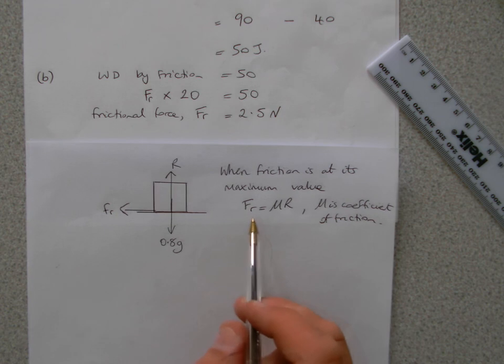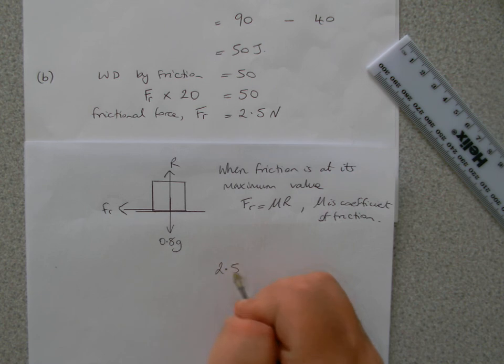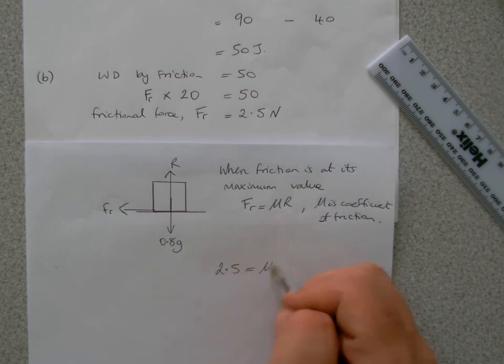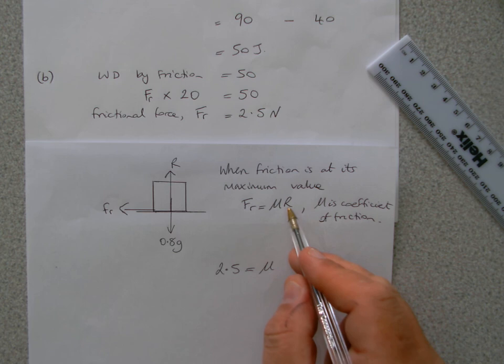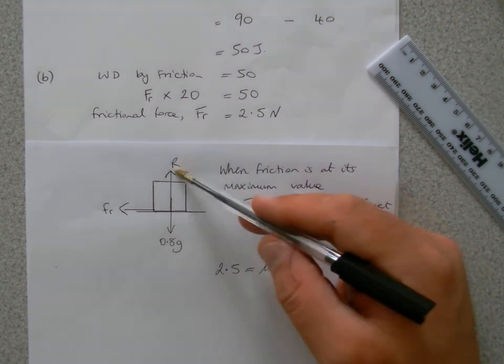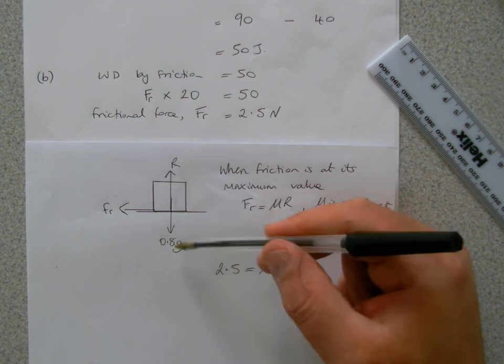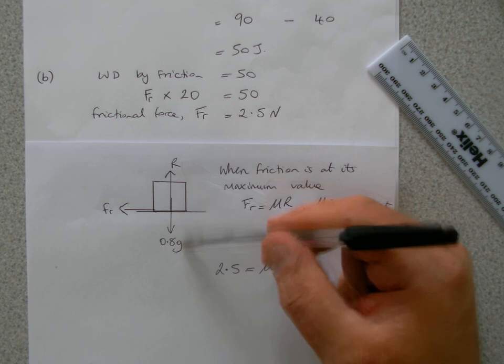So what you do now is plug into the formula what we know. We know the friction is 2.5. We want to work out what mu is. The question is then, what is R? Well, R is the normal reaction. For the object to stay on the surface balanced, the reaction has to match the weight, so these have to be equal.